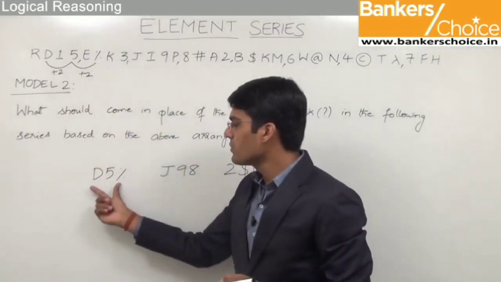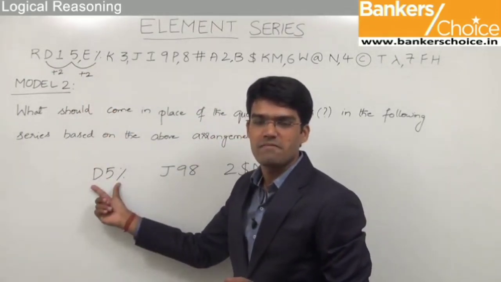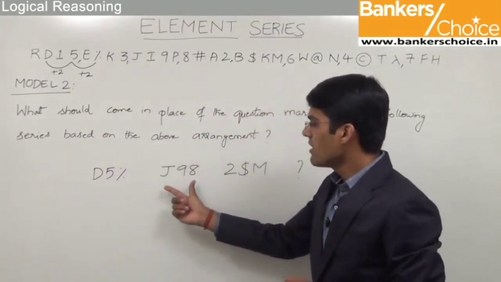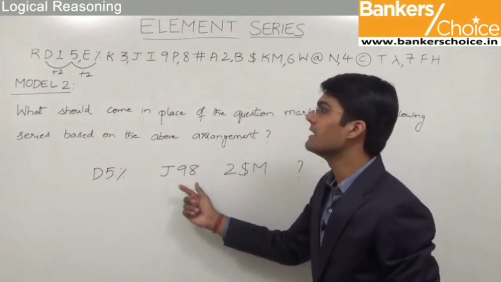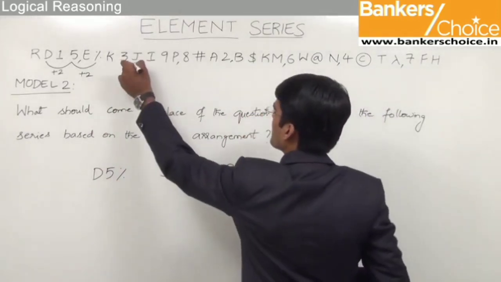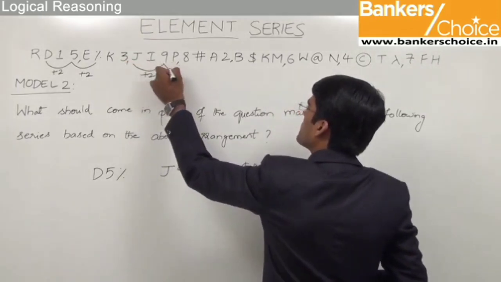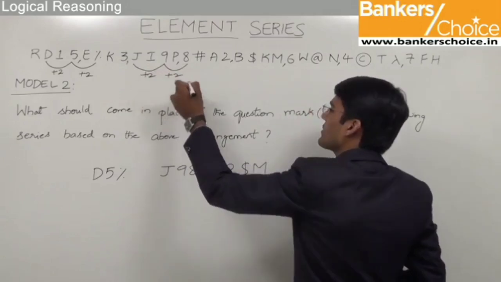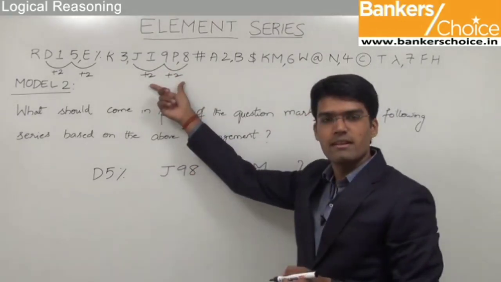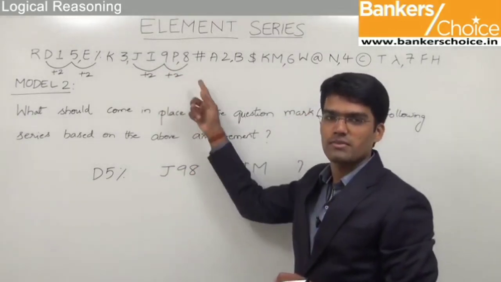So that is the positioning of the first set of elements, D5%. Now coming on to the second one here, J, 9 and 8. So J is in this position, plus 2 positions away will give you 9, and again 2 positions away is 8. So in between these set of elements as well, the positioning is plus 2 and plus 2.